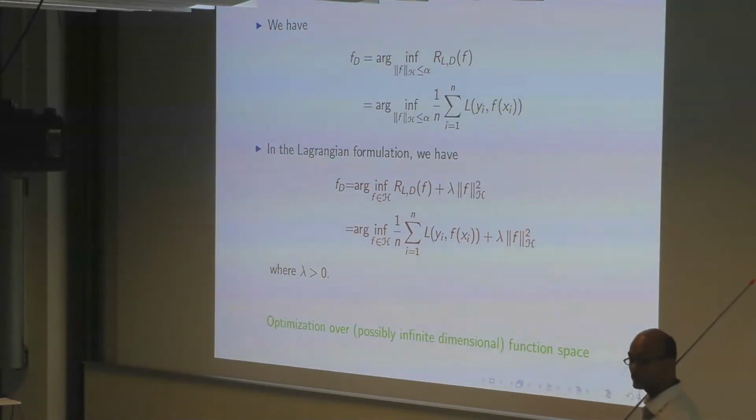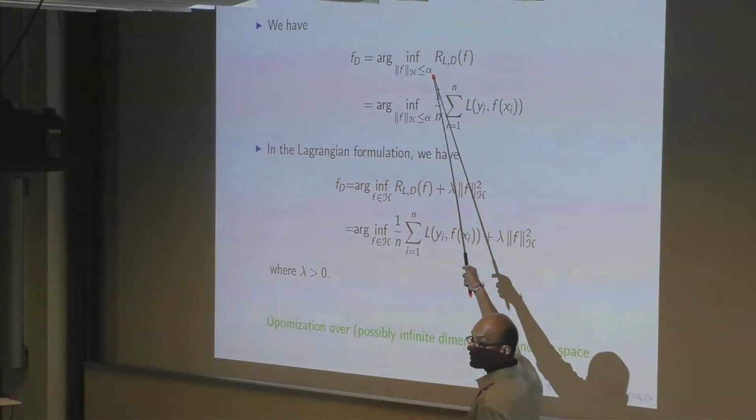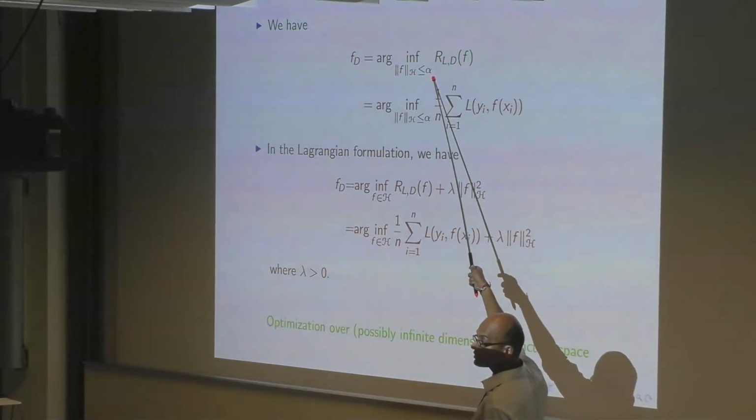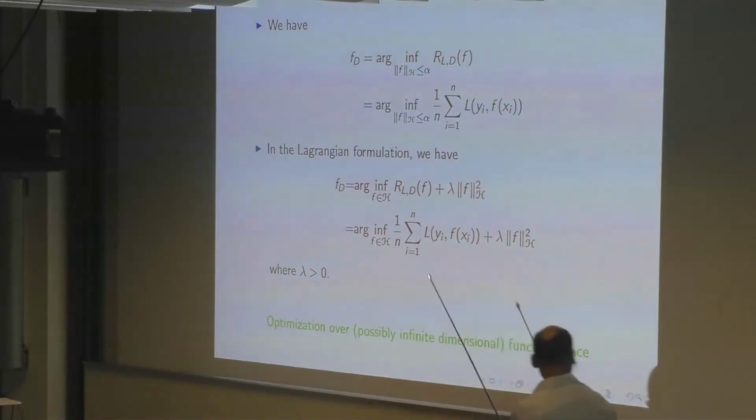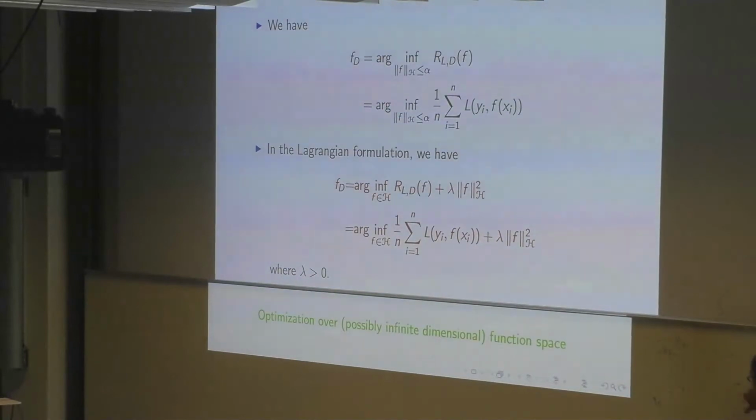So this is how the ridge penalty appears in the picture. As I was telling you before, the smaller the alpha, the smoother the functions are. But if your class is too small, then you are going to have a huge approximation error. The intuition is, if I see more and more samples, I have more information, so I can slowly increase the size of the class.